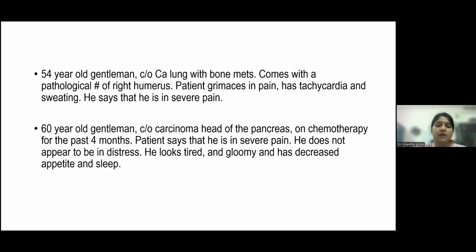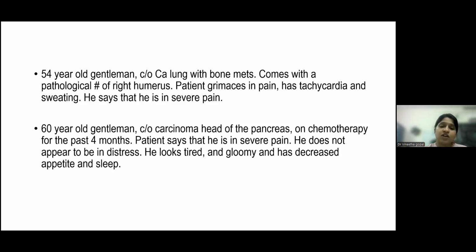The acute pain patient obviously will appear to be in distress due to the pain. The chronic pain patient has also got the same pain score, 10 out of 10, but due to the pain adapting mechanisms in our body, he may not appear to be in that kind of distress.